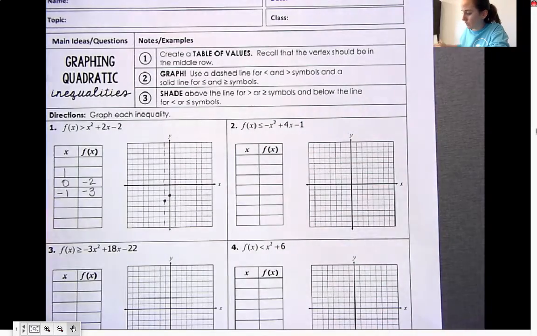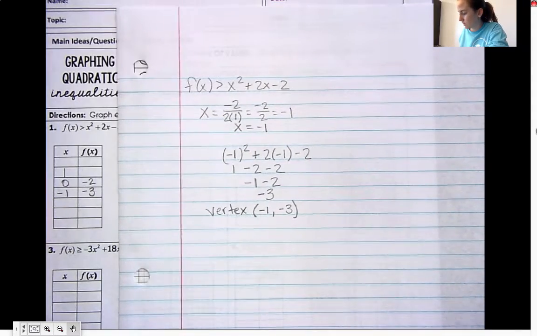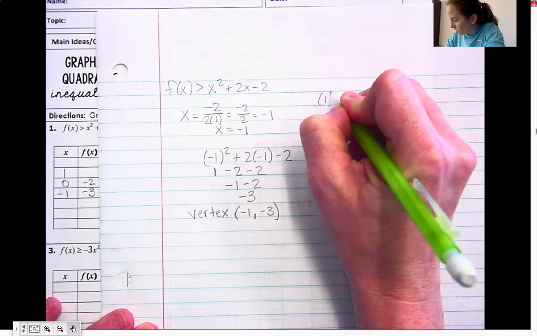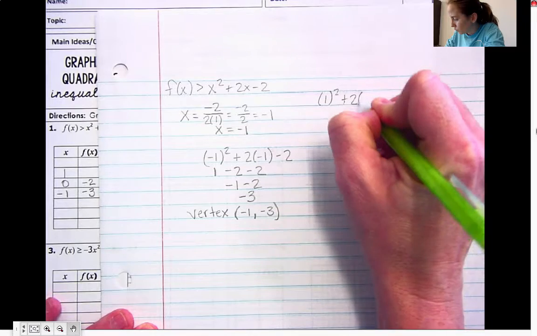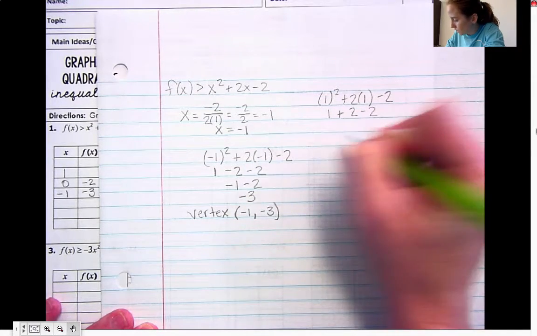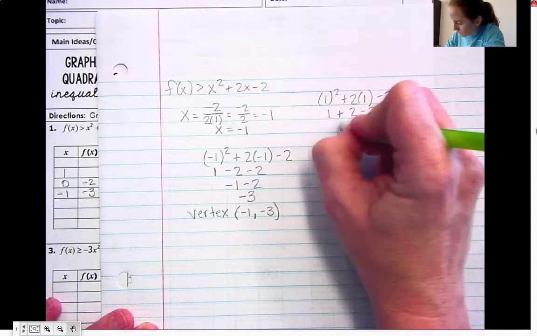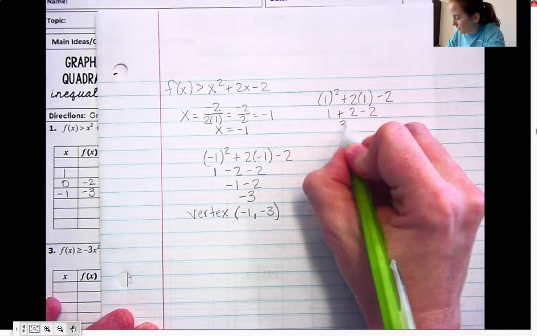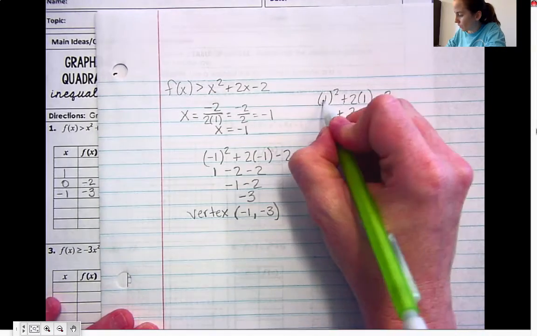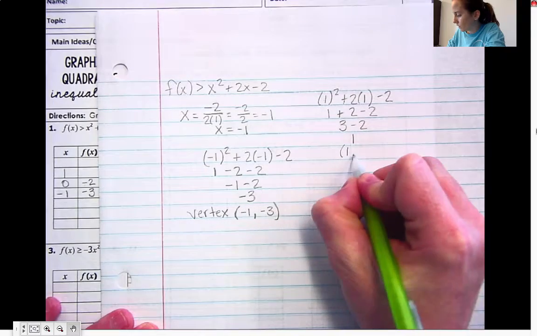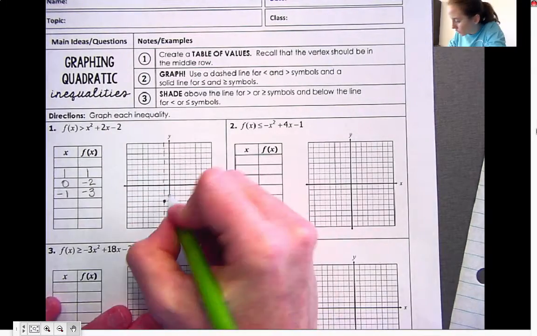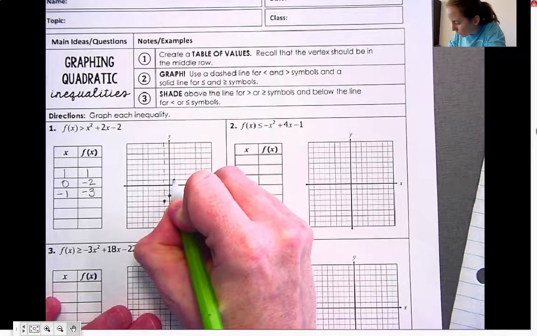If I plug in 1, I'm just going to go over here to the side. I'll have 1 squared plus 2 times 1 minus 2. 1 plus 2 minus 2. 1 plus 2 is 3. And 3 minus 2 is 1. So if I plug in 1 and I get 1 out, 1, 1 would be the point. So at 1 I have 1.